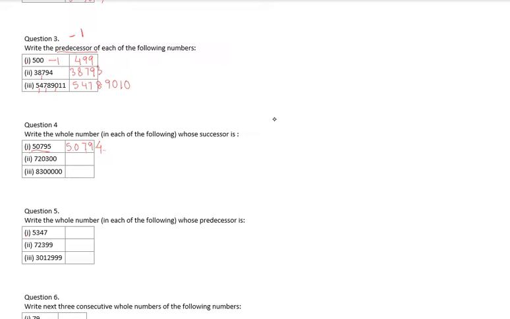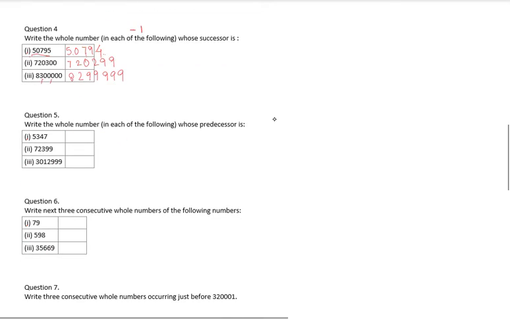The number whose successor is this will be given as the predecessor of this number. So that is 7,20,299. Then the next question is 83 lakh. So the predecessor for 83 lakh would be 82 lakh 99,999. If there is a difficulty in understanding, to find the predecessor, we subtract 1 from it.